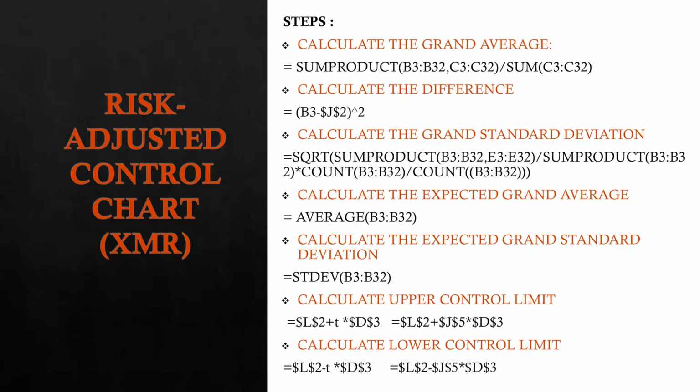Finally, calculate control limits. The upper control limit is the expected grand average plus the t-test value, which is a constant based on the t-student distribution, times the standard deviation for the case number. However, the lower control limit is the grand average minus the t-test value, which is 2.756, times the standard deviation.